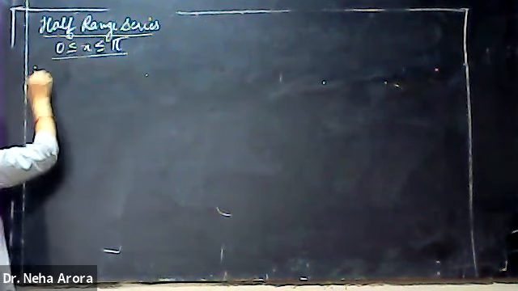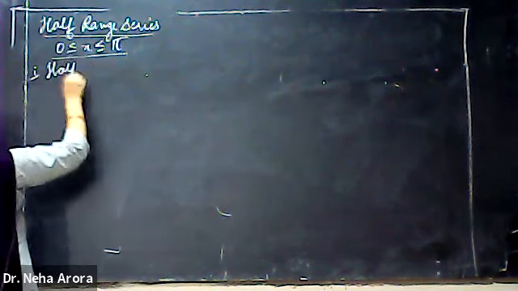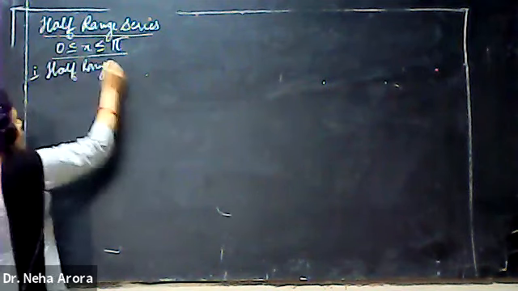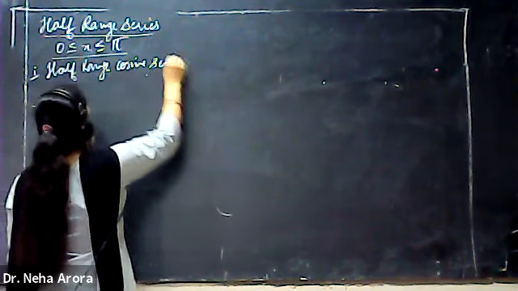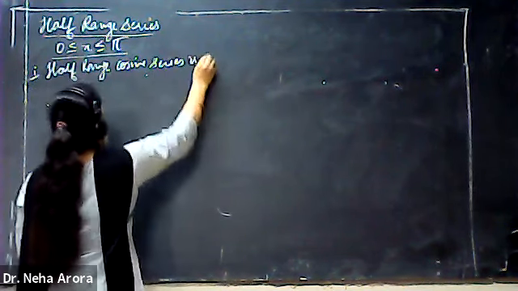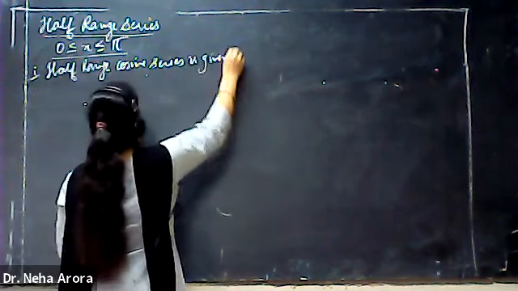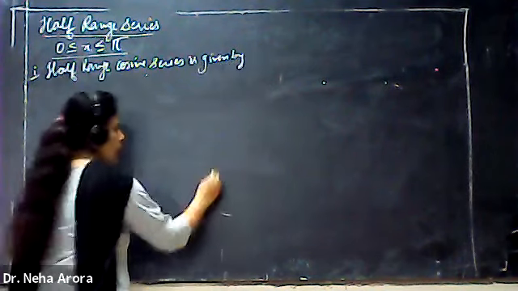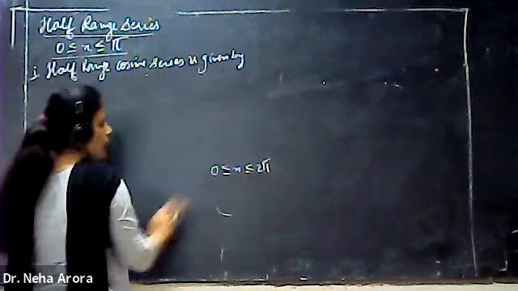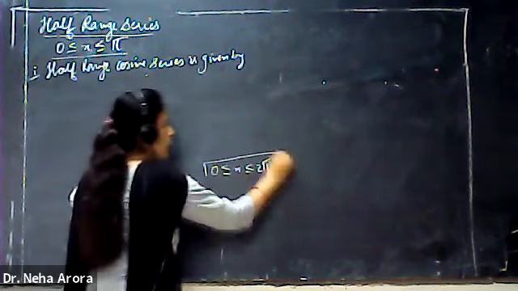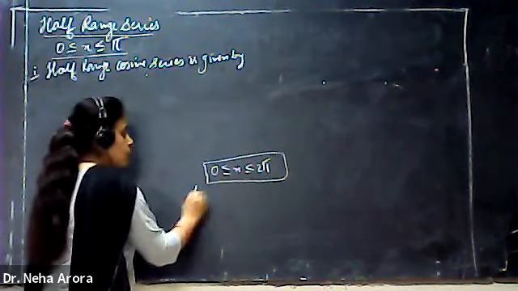Now, number one, half range cosine series is given by, now see, earlier when we had the complete limit, in previous lectures, what was the Fourier series?